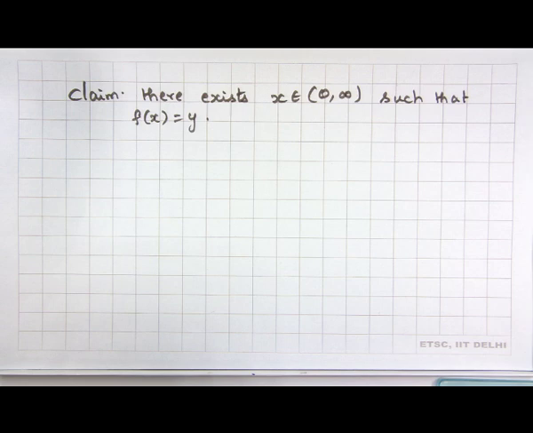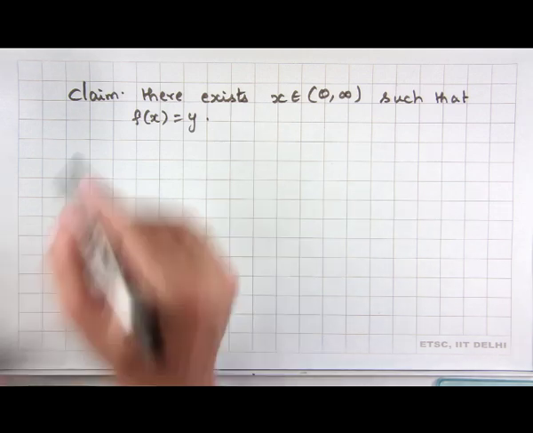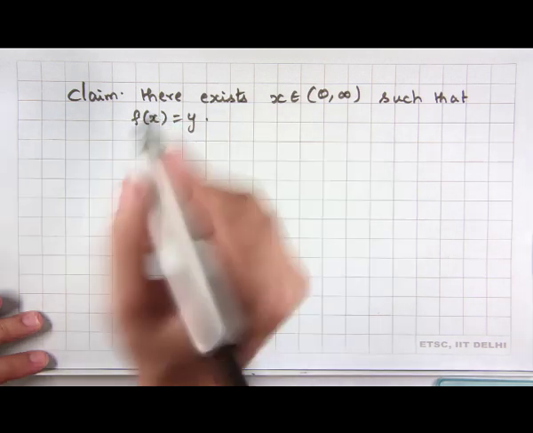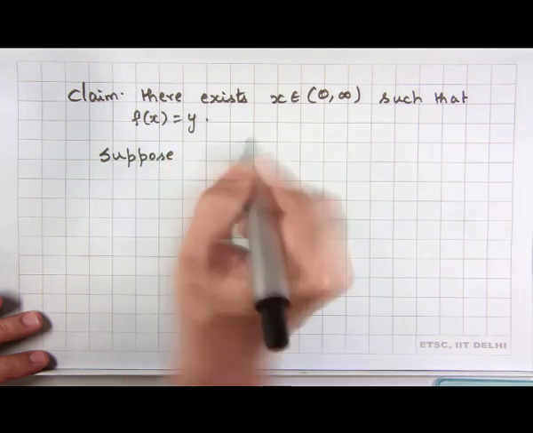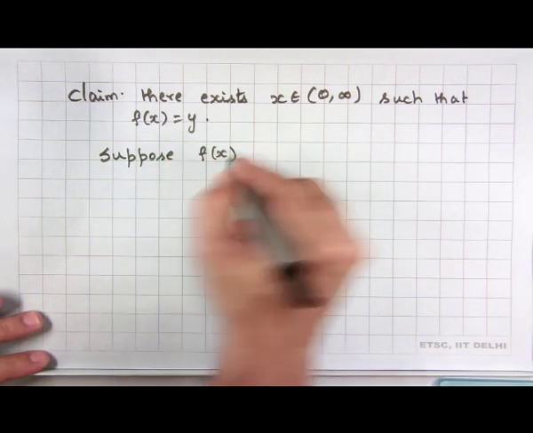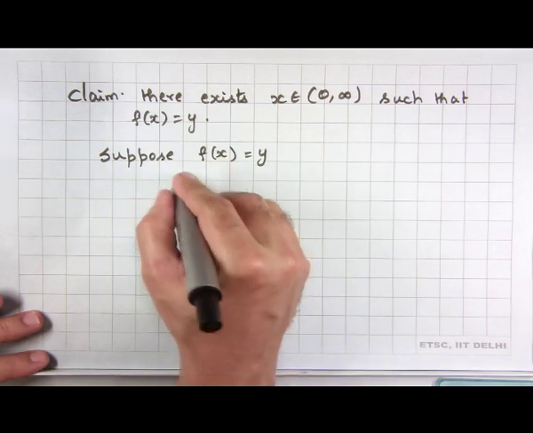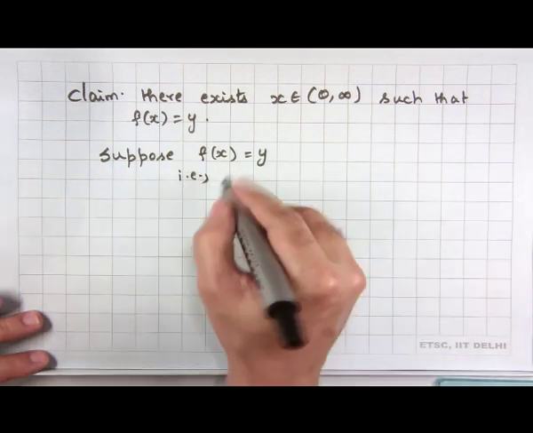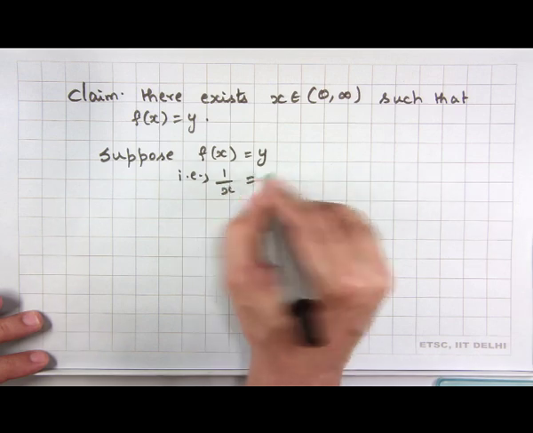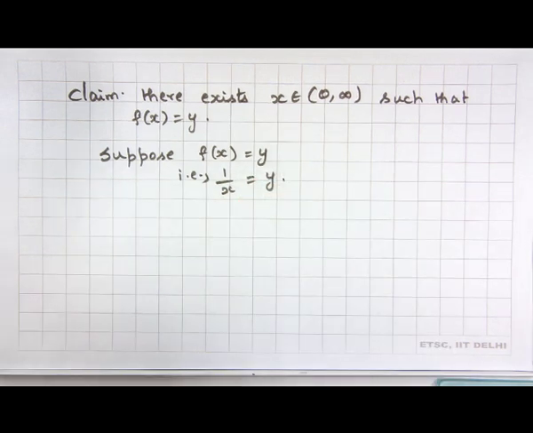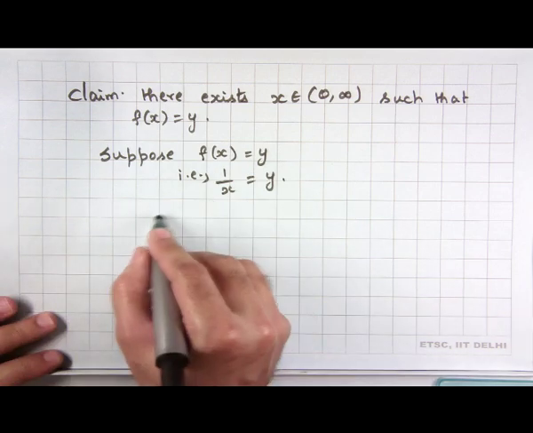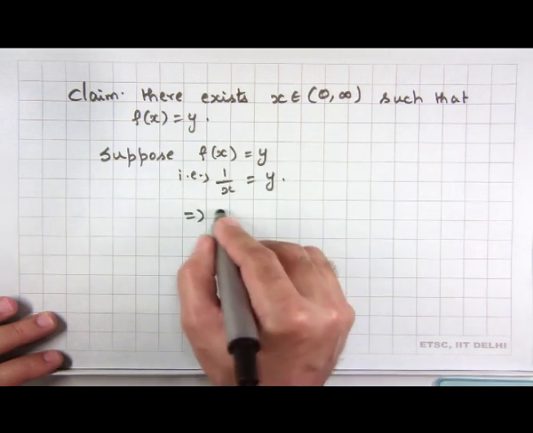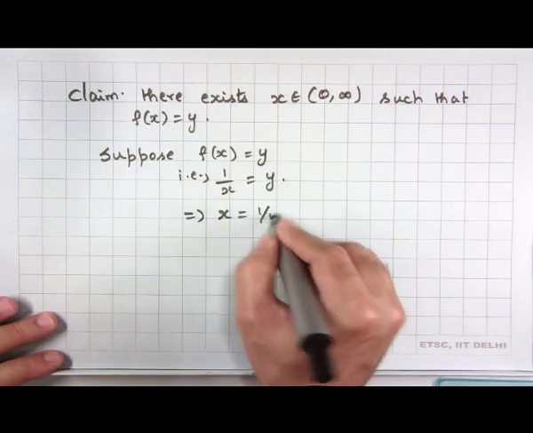Now, how to produce this x? Suppose f x equal to y, that is, what does that mean? 1 by x is going to be my y, but what we are given is this y. So, that will immediately imply that x equal to 1 by y.